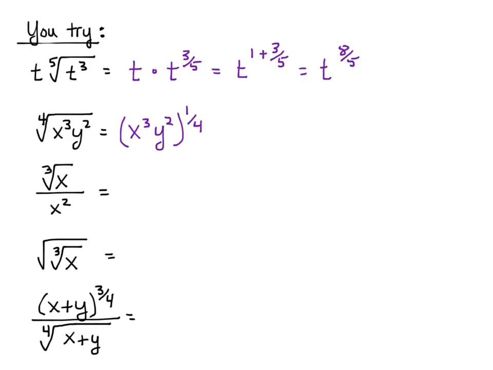Okay, so first make it into a fraction, and then we can take it to x to the 3/4, y to the 2/4, and then you should be reducing your fractions. So there's nothing to do with the 3/4, but that 2/4 turns into 1/2.